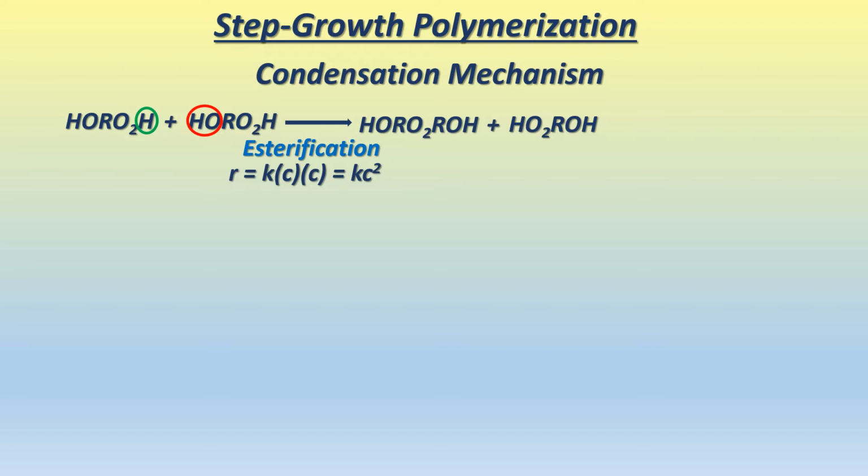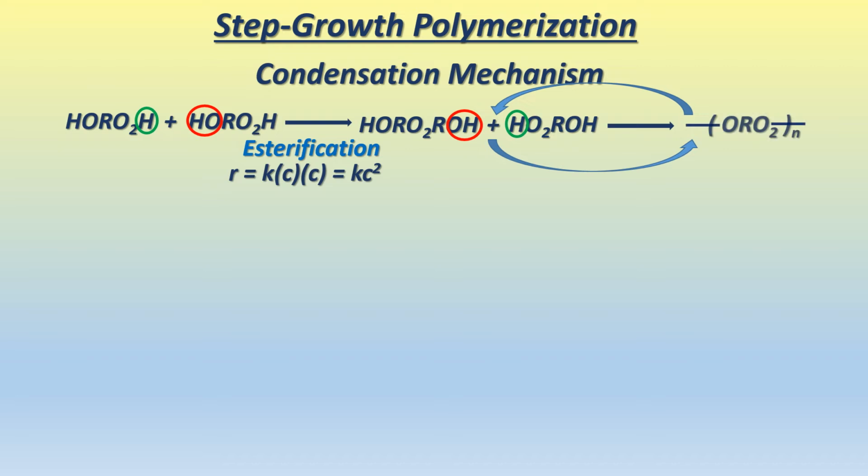One end of the molecule is always going to be an alcohol, the other end is always going to be an acid, so this will continue producing water, and after many esterifications, you will get, repeating over and over again, a polyester.